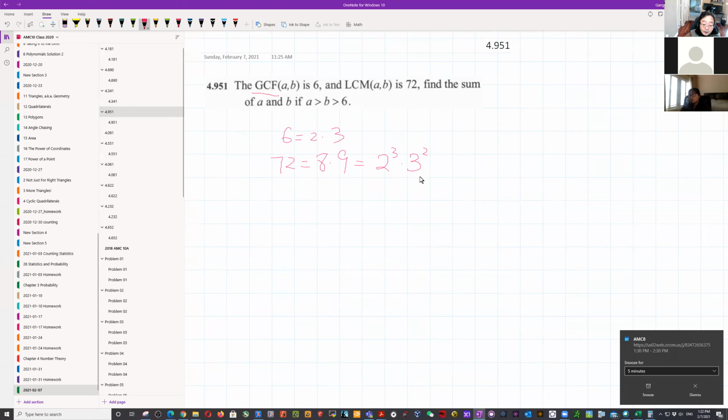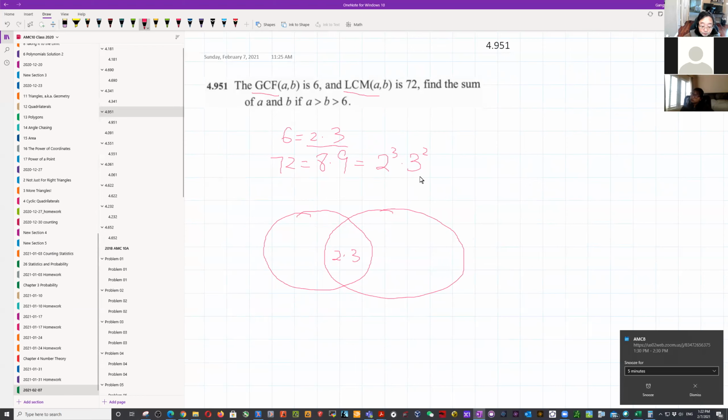So we know that GCF and LCM with two numbers is actually a Venn diagram problem. For this Venn diagram, you have to draw this and this. So the common factor is 2 and 3, 2 multiplied by 3.